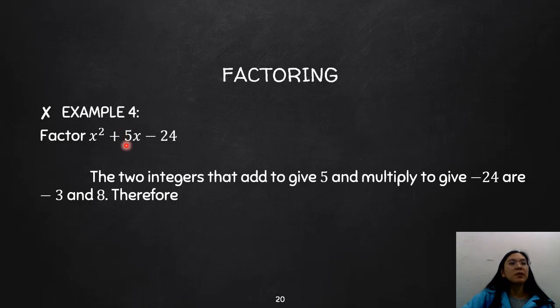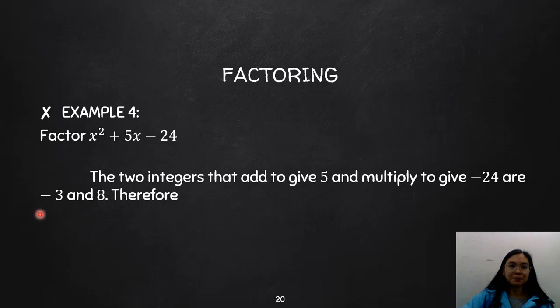So, ibig sabihin, r plus s should be equal to 5 and that r times s is equal to negative 24. So, kung isipin natin, ano ba yung r plus s na magbibigay sa atin ng number 5 at saka yung r times s rather na magbibigay sa atin ng negative 24.